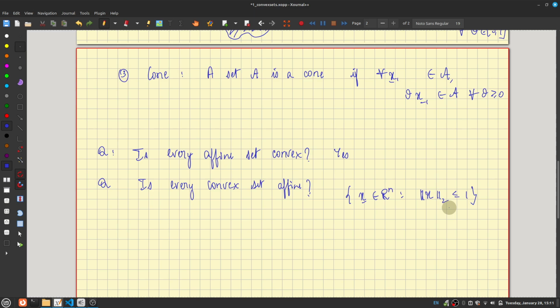Are you convinced that this is a convex set? You can see that visually, but how do you prove that this is a convex set? You take any 2 points within the ball. First, we take it on the surface.